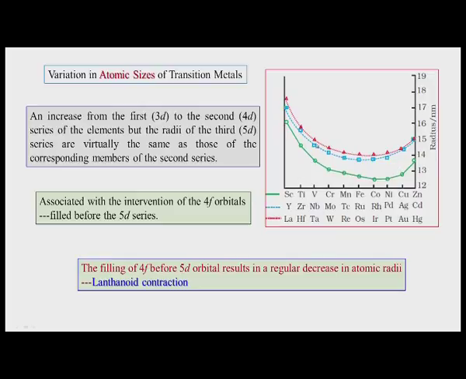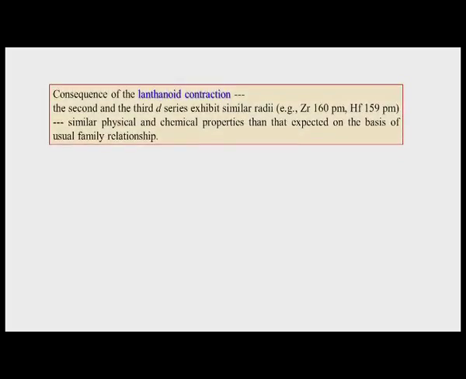In the 5d case we have the 4f level, but in the 3d case we do not have anything related to that 4f level. So, this is very important, and the size also contributes to the lanthanoid contraction.